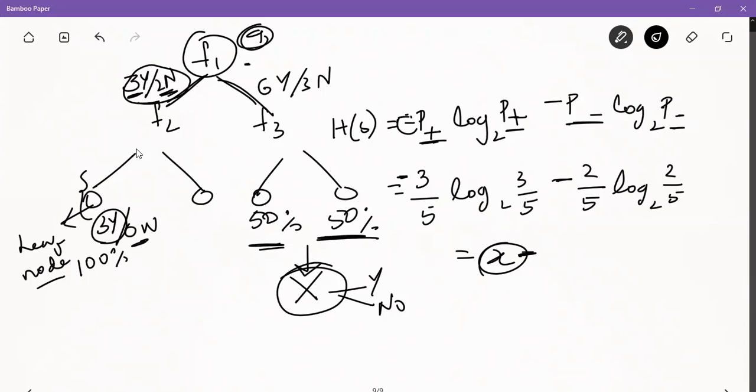So there is no use of that prediction. Basically, we don't need that prediction. That is why the 50-50 split is the worst kind of split in entropy.